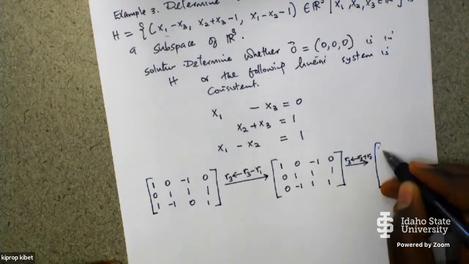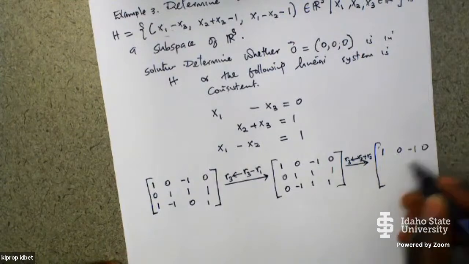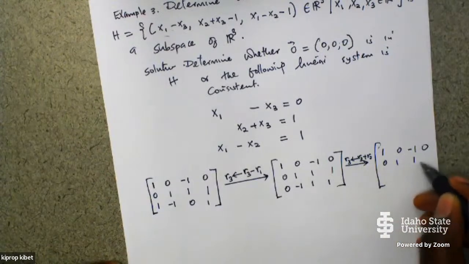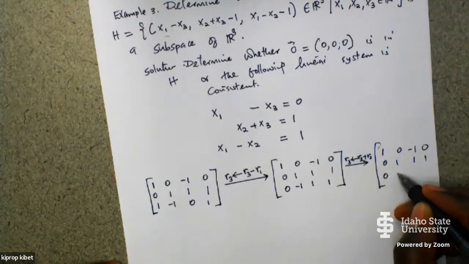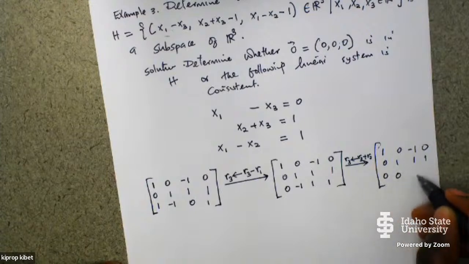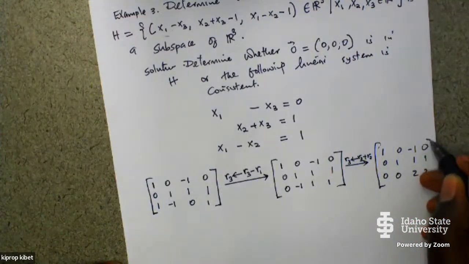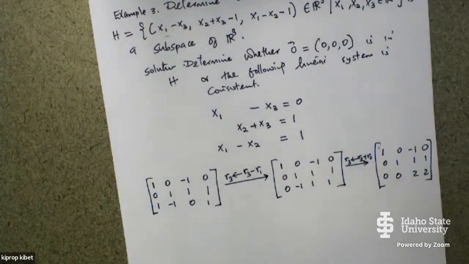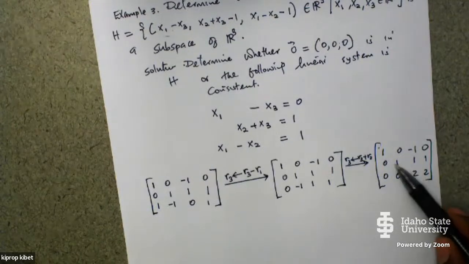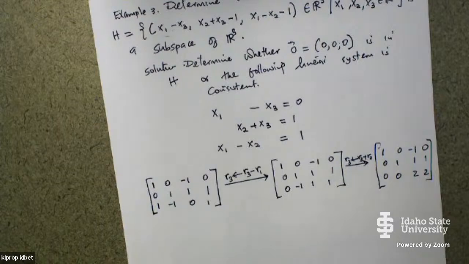So what we get is 1, 0, negative 1, 0, 0, 1, 1, 1, and then 0, 0, 2, and then 2. So we can see that we have the pivot positions in each one of them.